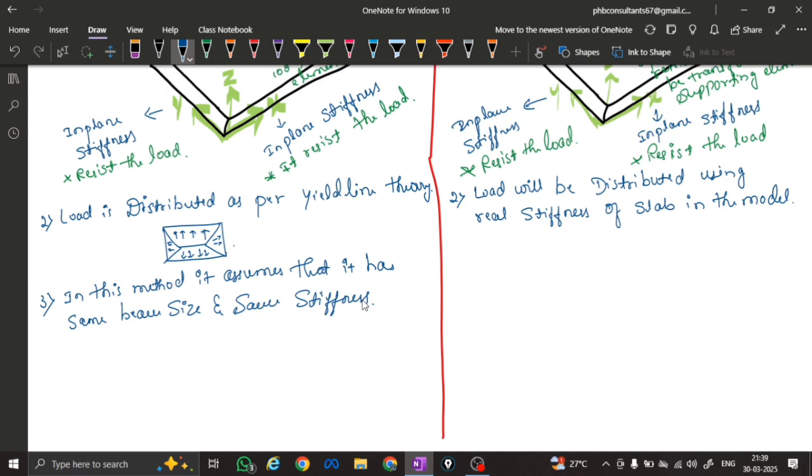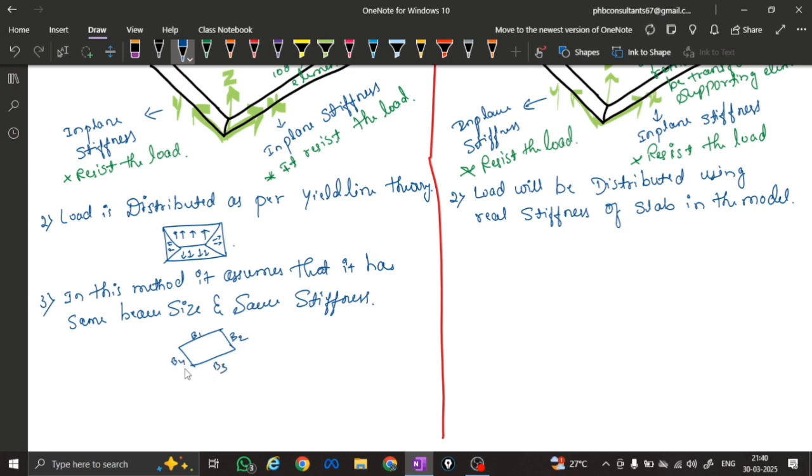So in membrane it assumes that the beam size and stiffness are same in all four sides. It means if we have this one as slab, here it is assuming this is slab and this one is beam B1, B2, B3, B4.